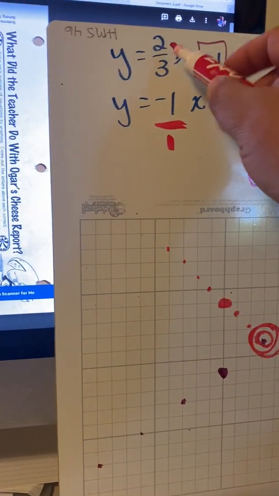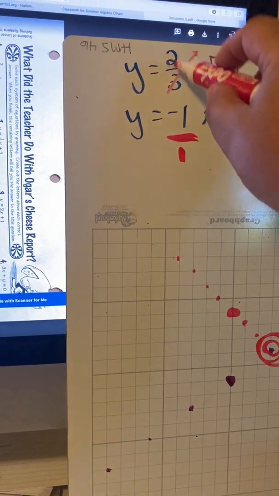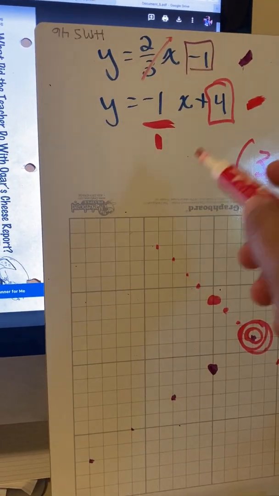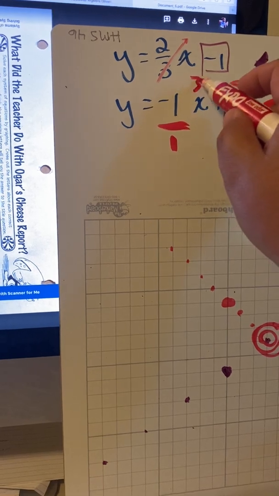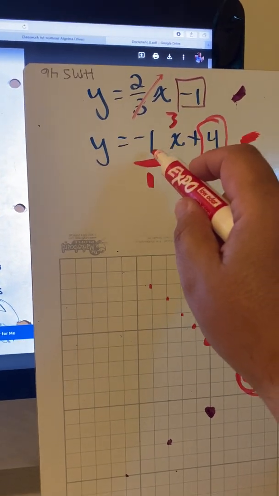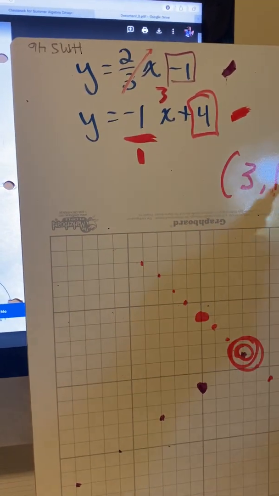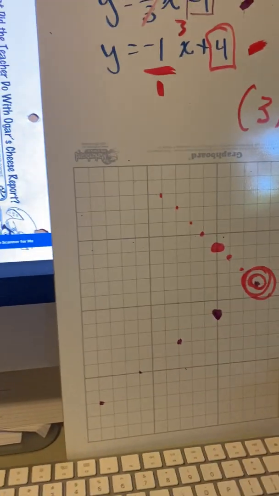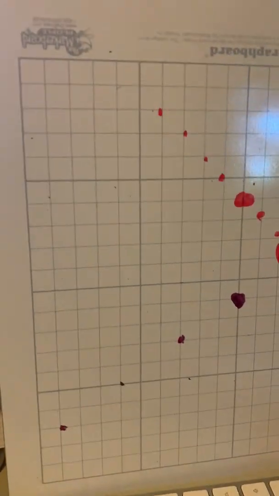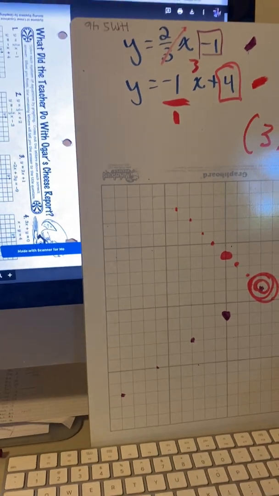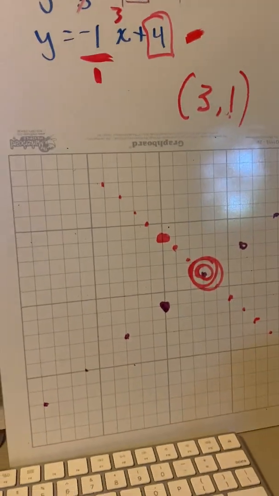So if I put a 3 in for this one, the 3 and the 3 cancel out. 2 minus 1 is 1. It worked. If I put a 3 in here, 3 times -1 is -3. -3 plus 4 makes positive 1. It works for both. That is the only point that will work for both of these equations.